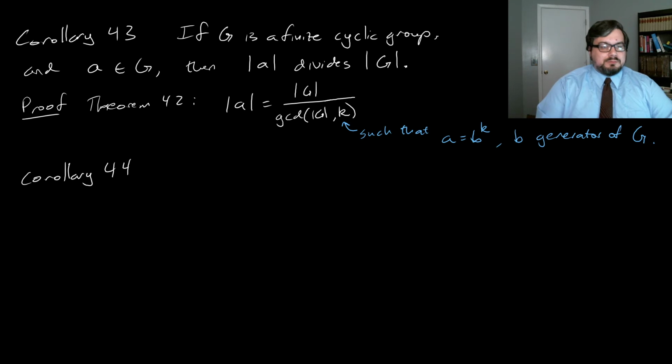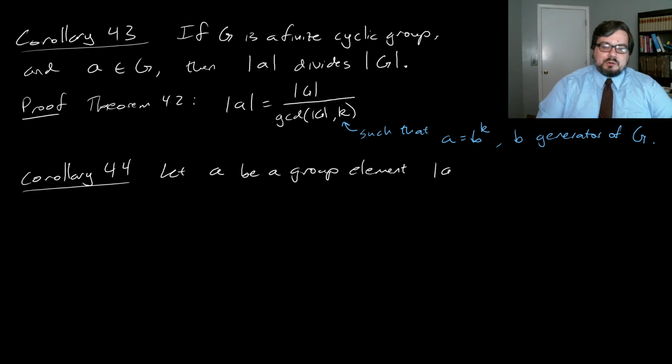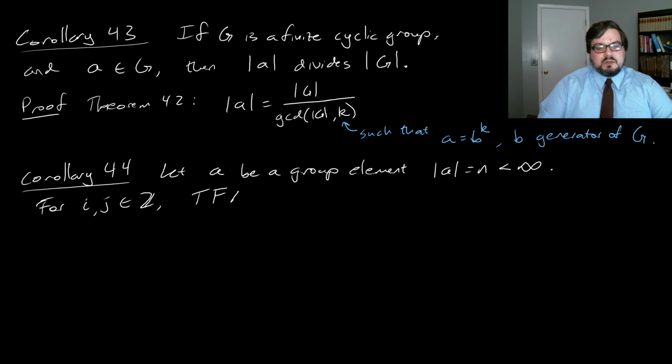Corollary 44 says: let a be a group element, and the order of a is a finite number n, and for any integers i and j, the following are equivalent. So if we know any one of these, we know all of them.